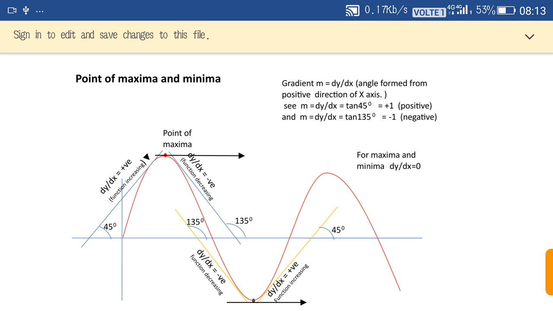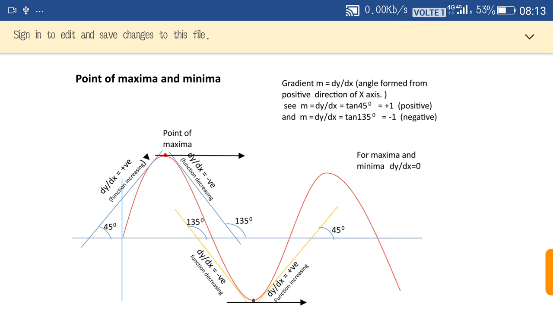At the point of maxima, before the point the graph is increasing, which means dy upon dx is positive. At the point of maxima the tangent is parallel to the x-axis, so it is 0. After the point of maxima the graph is decreasing, which means dy upon dx is negative.